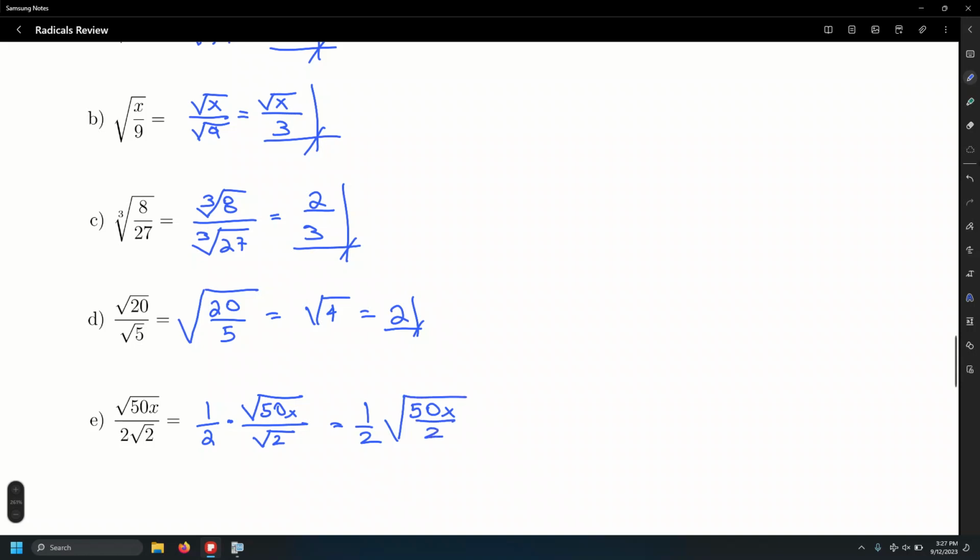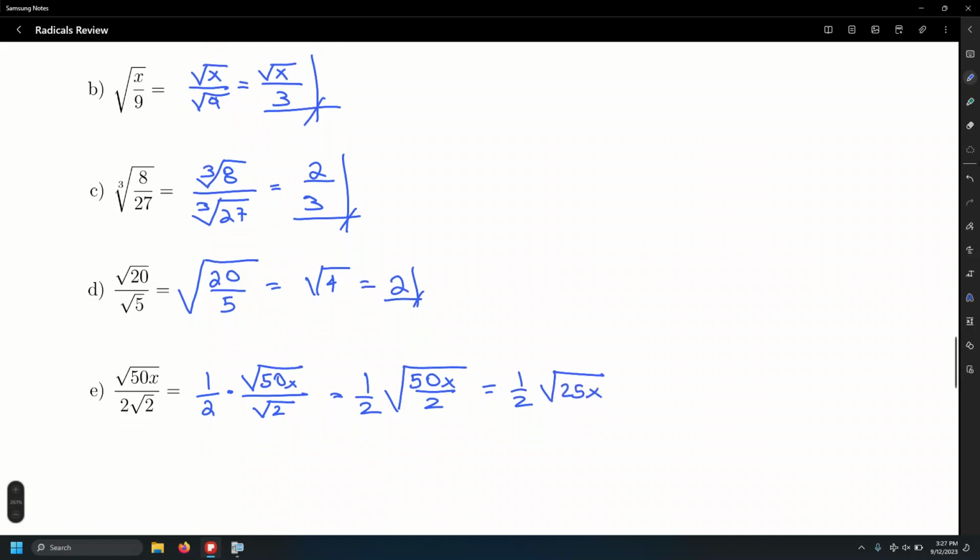And we can simplify a little bit. Of course, how about 50 divided by 2? That equals 25. And in the same way we did with simplification of radicals, using the product property but backwards, 25 is a perfect square. However, x is not a perfect square, because it's not powerful enough to go out of the radical.